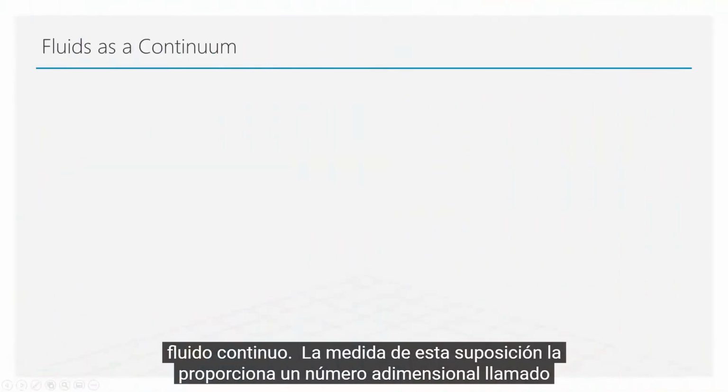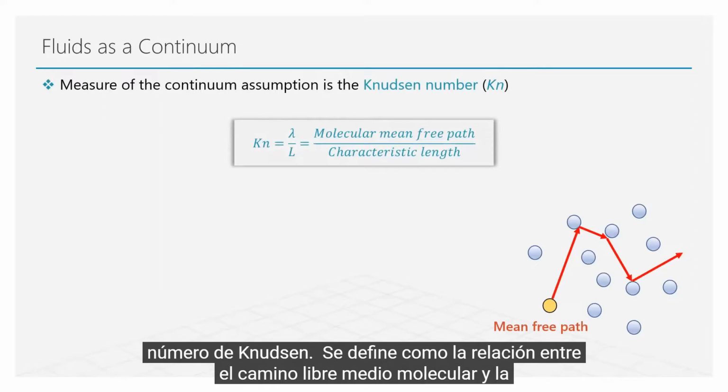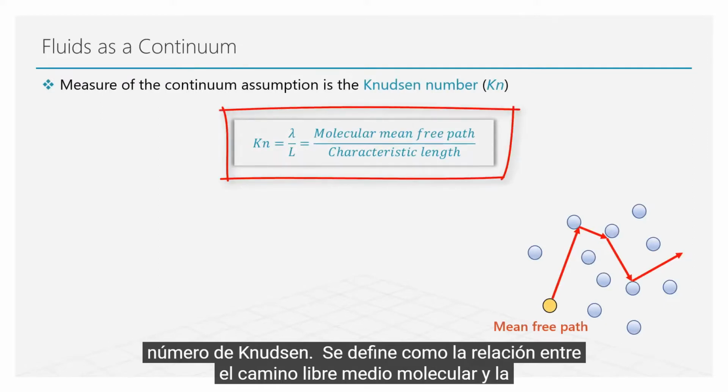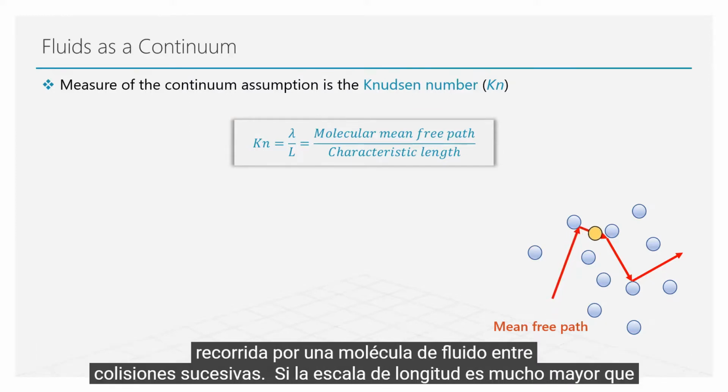The measure of this assumption is provided by a dimensionless number called Knudsen number. It is defined as the ratio of molecular mean free path to the characteristic length scale of the problem. Molecular mean free path generally refers to the average distance traveled by a fluid molecule between successive collisions.